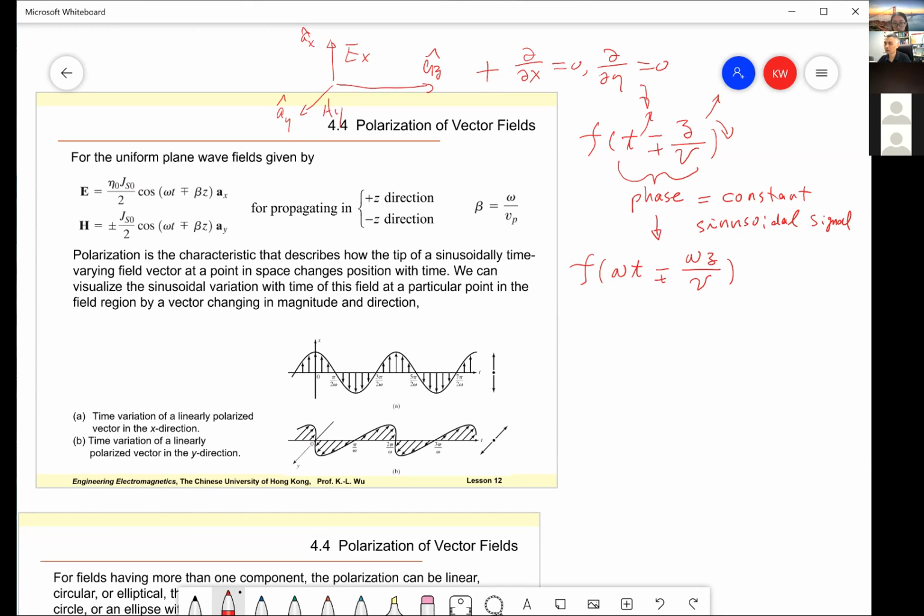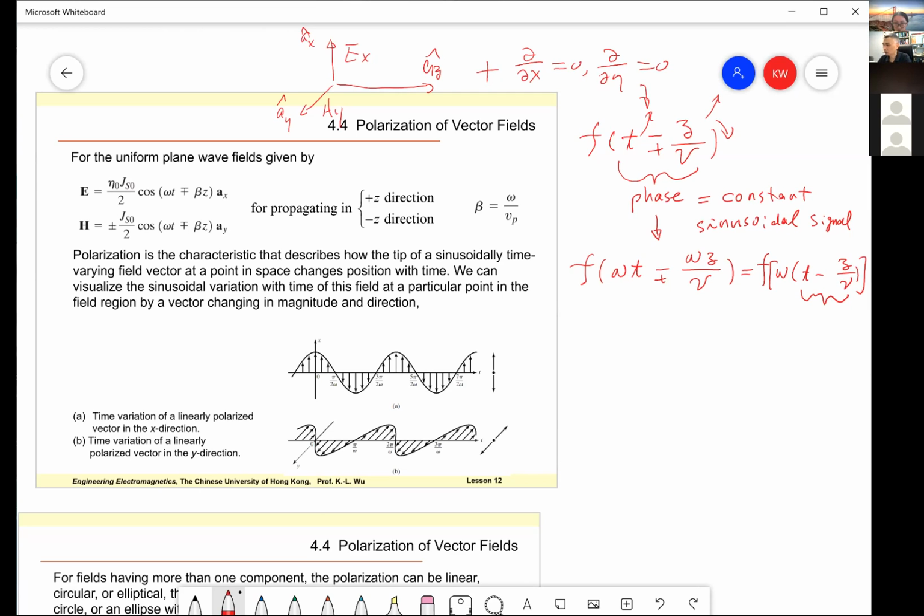Of course, this is still a function of t minus z divided by wave speed, all right?